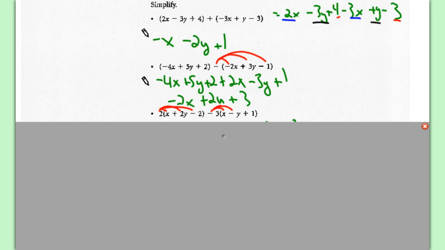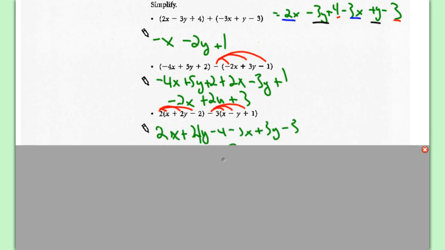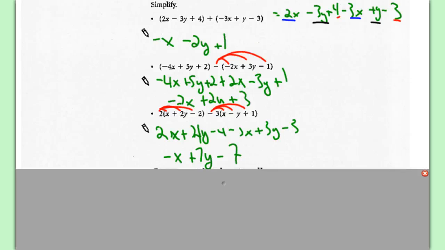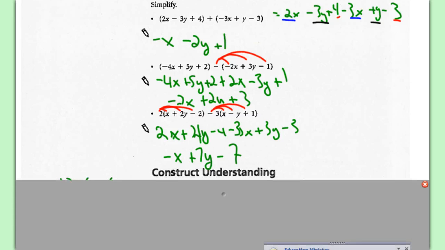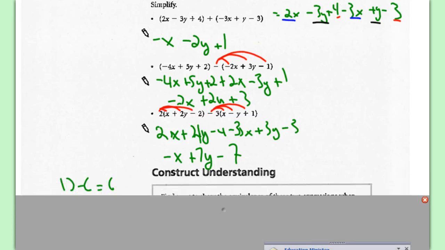So minus 3 to each of those. So be careful. When you distribute that, what do you get? Well, we end up with a 2x plus 4y minus 4 and a minus 3x and a plus 3y and a minus 3. Collect my like terms and I end up with minus x plus 7y and minus 7. Okay?